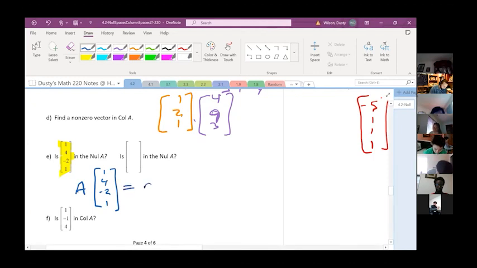And so I'm basically testing, is this true or not? You can go through and multiply, and in this case, it ends up being true. So the vector is in the null space.